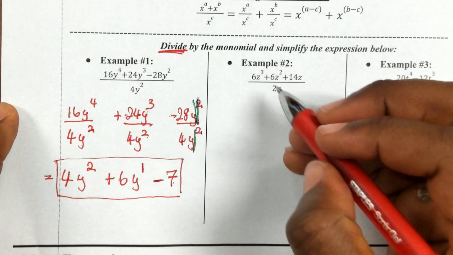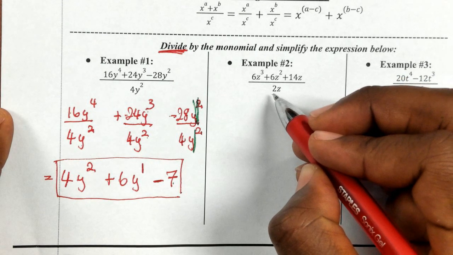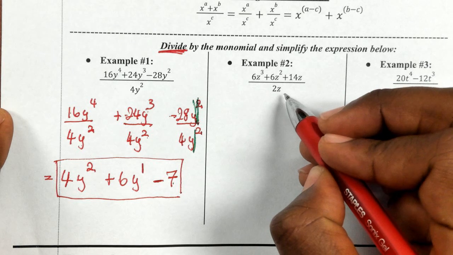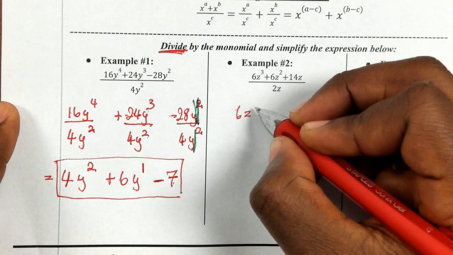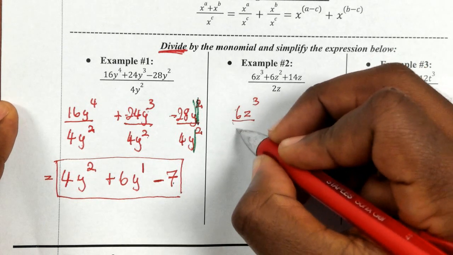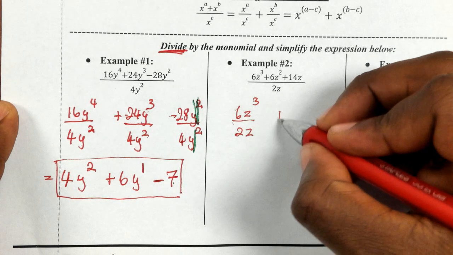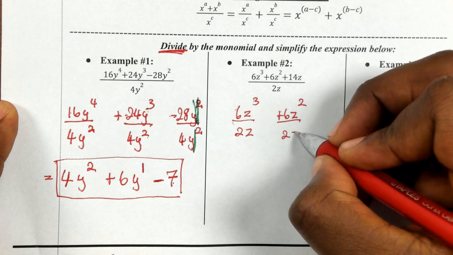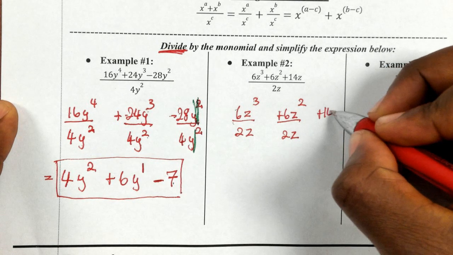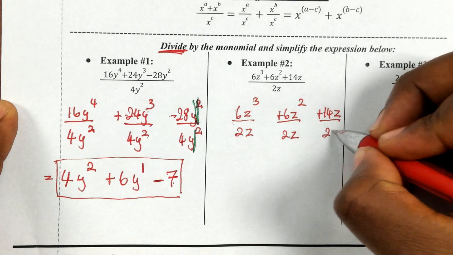So again, guys, each of these have a common denominator, which is 2z. So I am going to rewrite this as 6z to the 3rd power over 2z plus 6z to the 2nd power over 2z plus 14z over 2z.